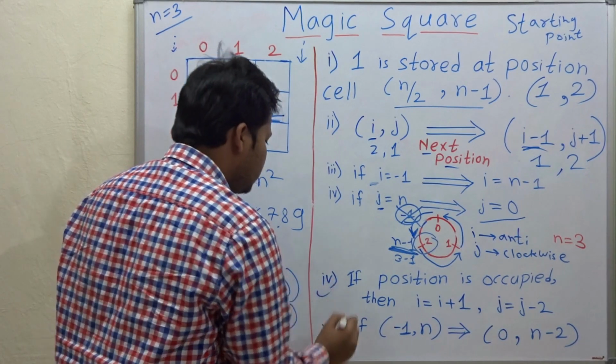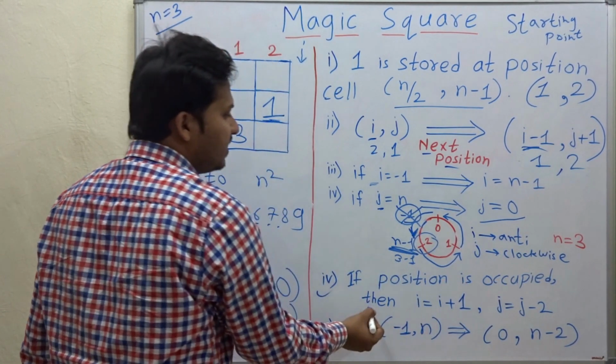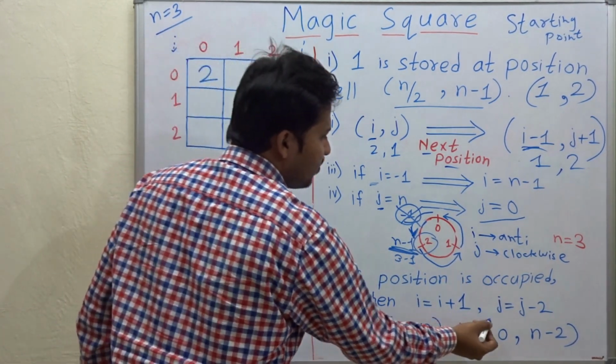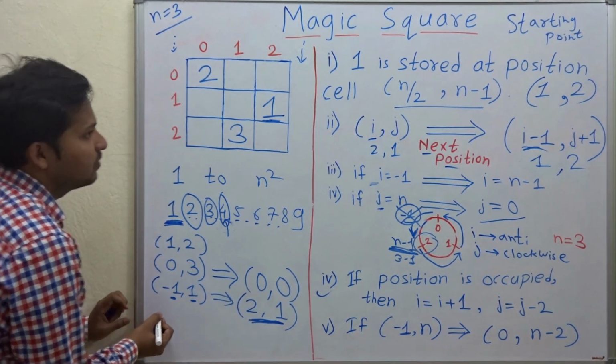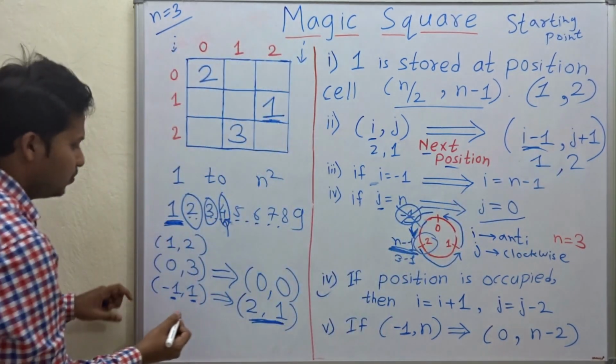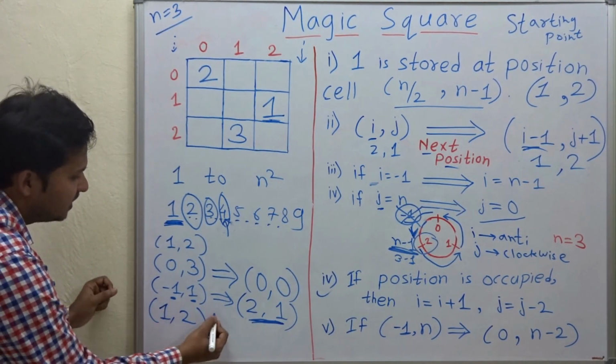So in that case, this is the rule, the fourth rule: if the position is occupied, then i is equal to i plus 1 and j is equal to j minus 2. The position 1, 2 is already occupied.